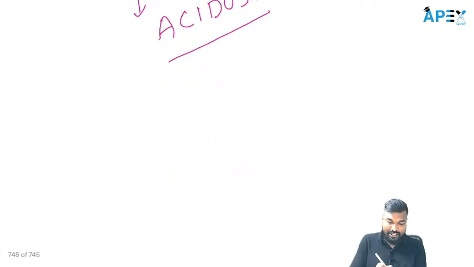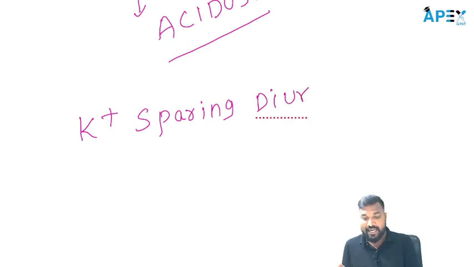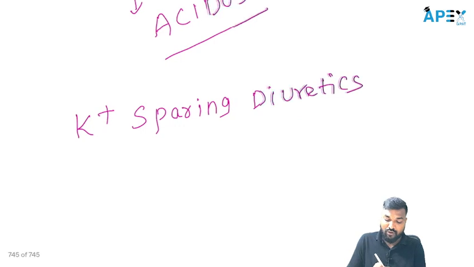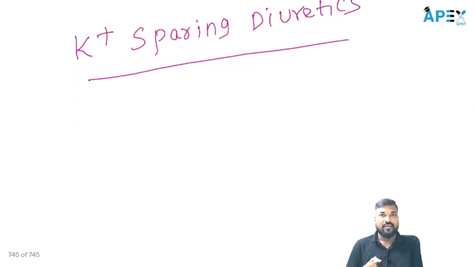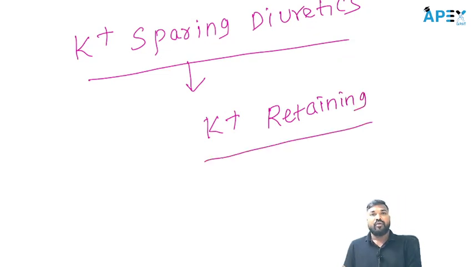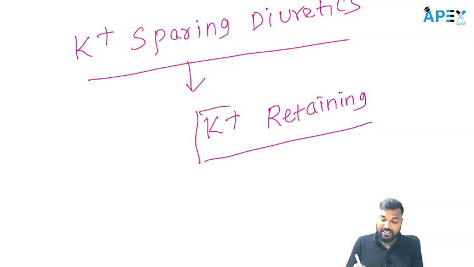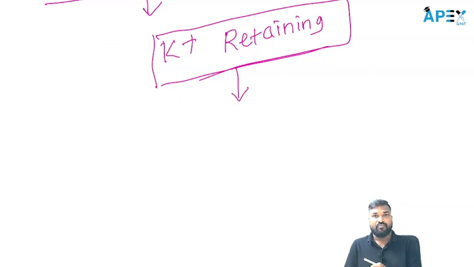Apart from that, among the diuretics, we know potassium sparing diuretics. Diuretics are very important for acid-base balance. What will potassium sparing diuretics cause? The name itself is there. Potassium sparing means potassium retaining. There is no loss of potassium. If the potassium is retained, it means potassium levels are increasing.